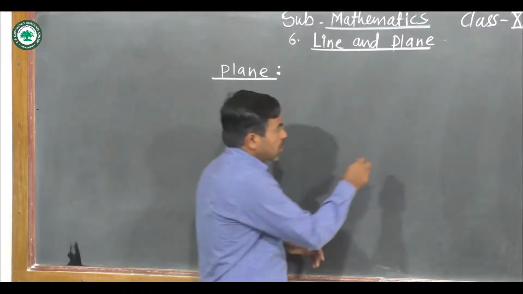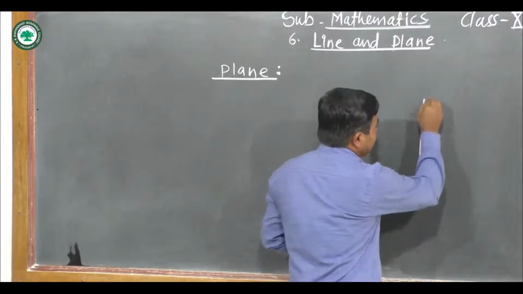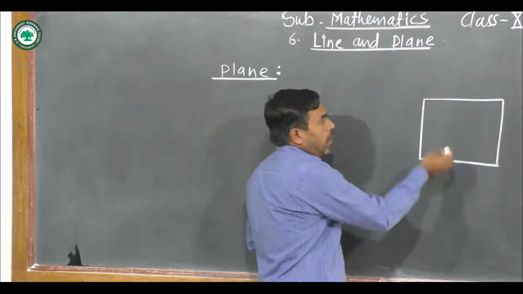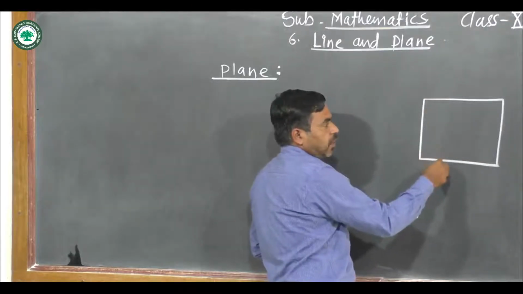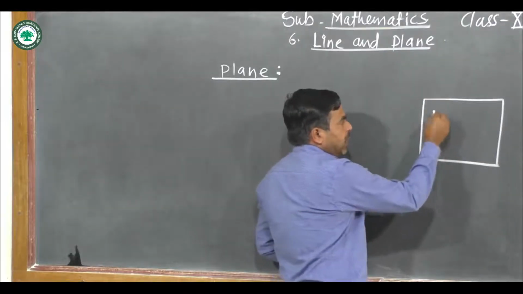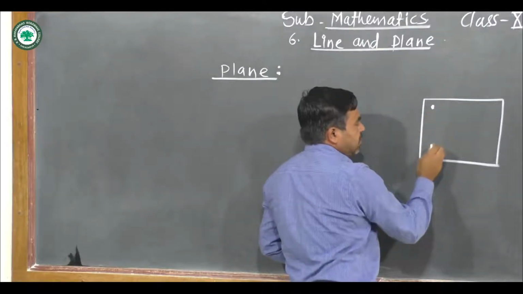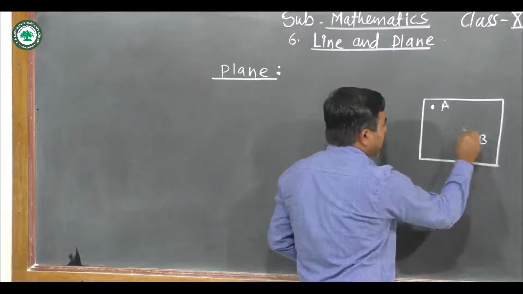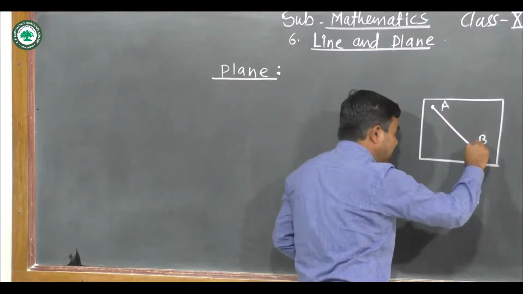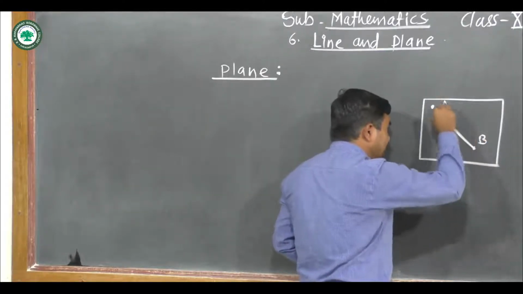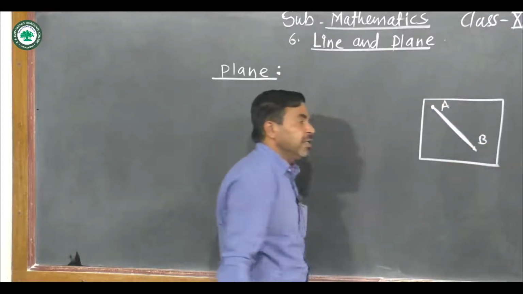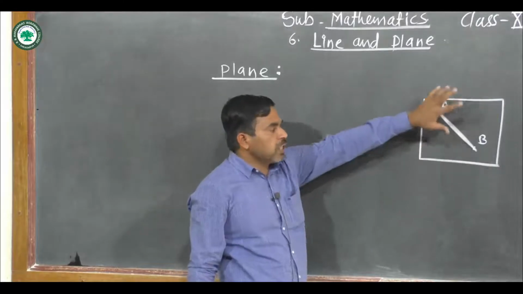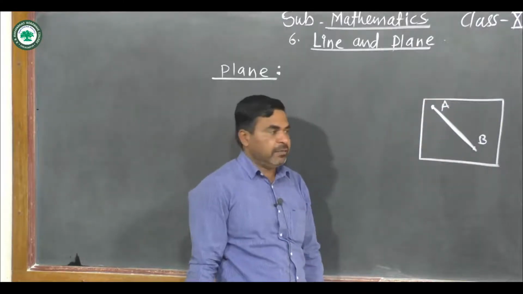Means, suppose if we have a surface like this, this is a surface. If we take any 2 points on it, this is point A and this is point B here. And if we join the points A and B, then the line segment AB lies entirely in this surface. So such a surface is called a plane.